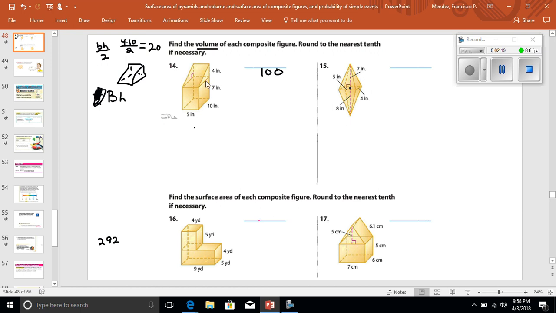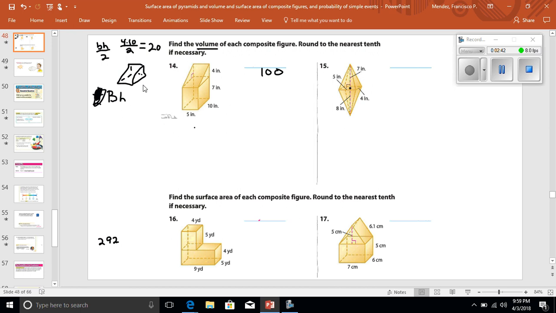So the whole volume of this is 100. We could have also just looked at it like half of a square: 4 times 10 is 40, 40 times 5 is 200, and then half of that, because we have half of a rectangular prism. It still would have given us 100.